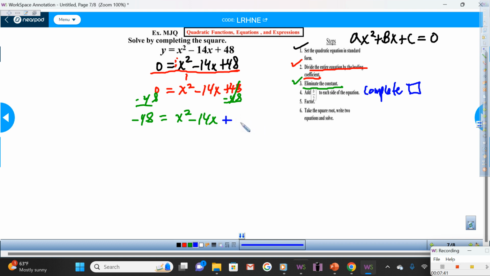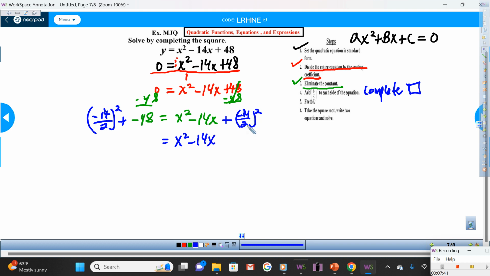Kimberly, what do we write? She said negative 14 over 2 squared. And we do that to both sides. Negative 14 over 2 squared. That is correct.